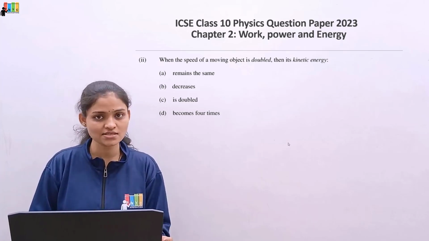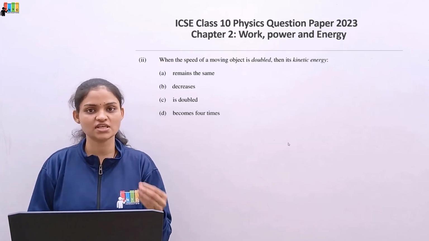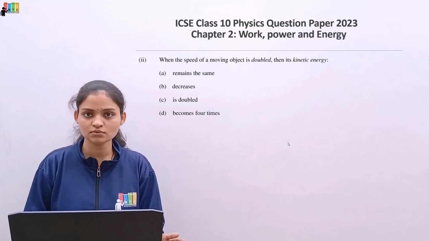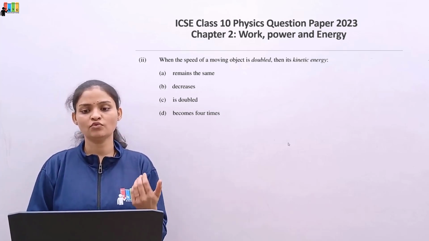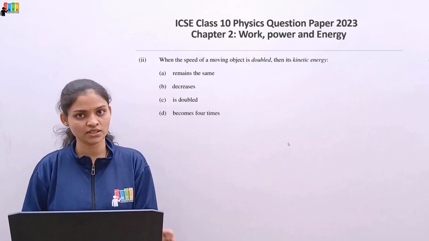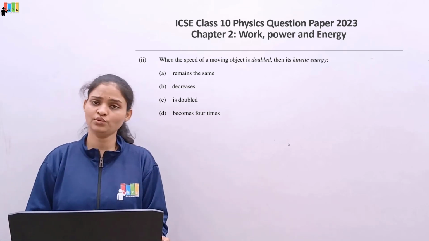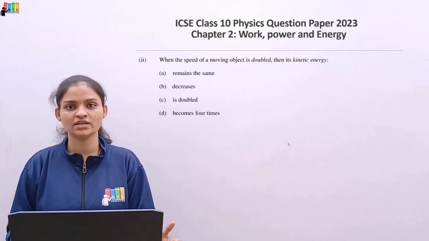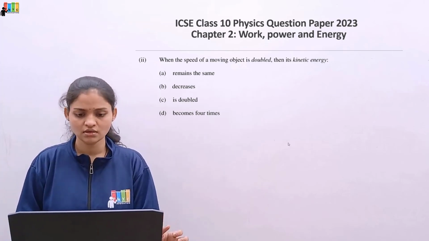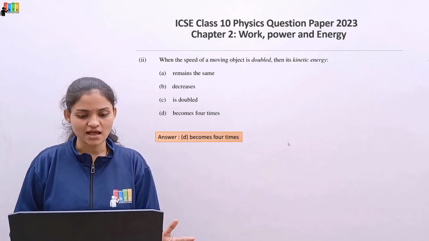So there is a change in the speed of the moving body, and what will be the effect on its overall kinetic energy? As you know, the body is moving, so it possesses some kinetic energy. So what is the answer?